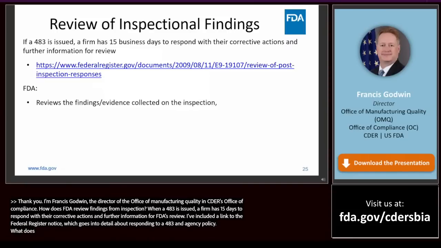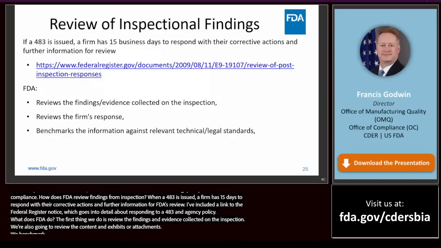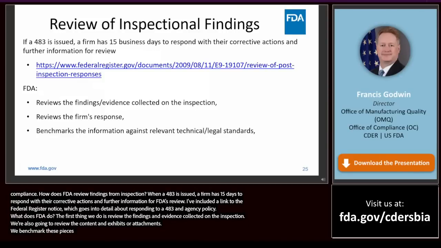Well, the first thing that we do when there's an inspection with a 483 is we are going to review the findings and evidence collected on the inspection. We're also going to review the content and any exhibits or attachments with the firm's response. And what we do is we benchmark these pieces of information against relevant technical and legal standards of the FD&C Act, et cetera.